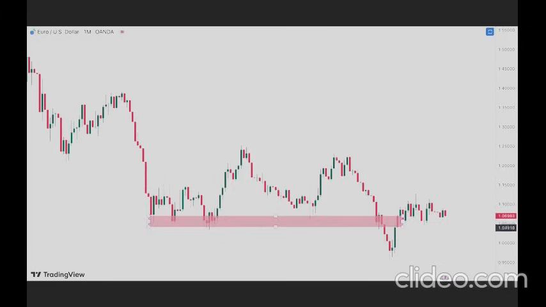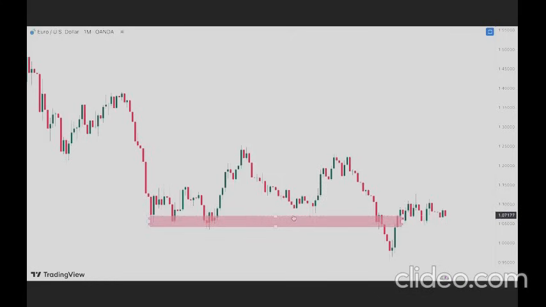It was just showing you guys how the market strongly tried many times to penetrate here.